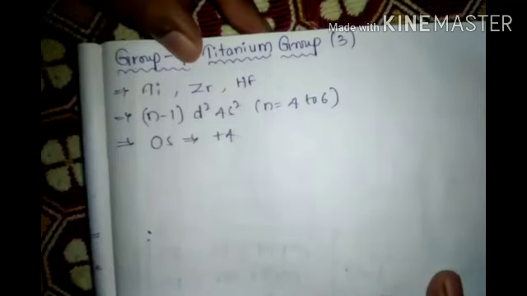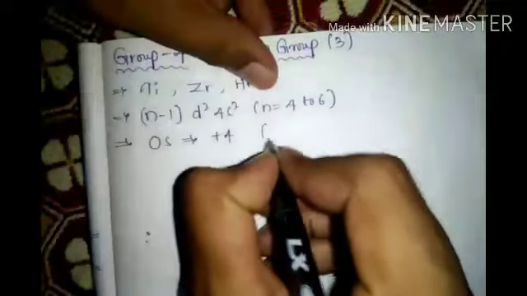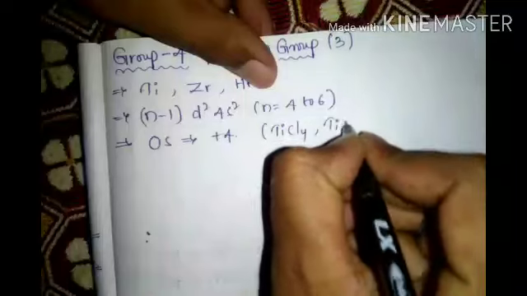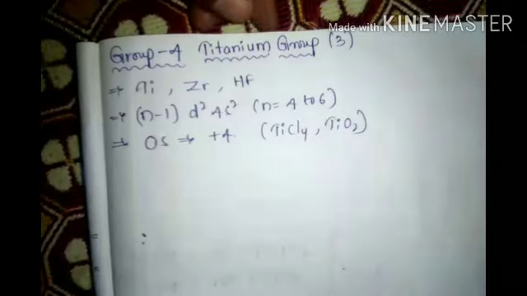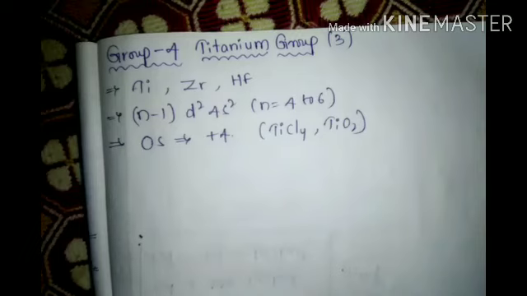Titanium chloride, zirconium chloride, hafnium chloride, titanium dioxide, zirconium dioxide, this kind of thing. For example, titanium chloride or titanium dioxide, 3 into 2, total 6 molecules are there. These all show like that.